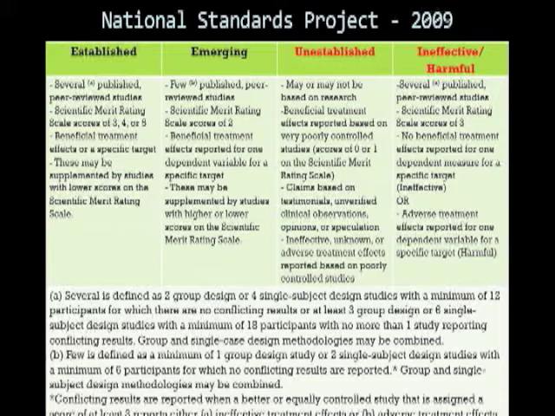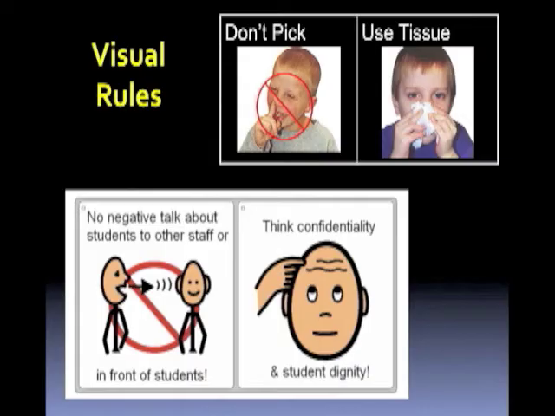It may be because there is research and it's proven that it is not effective, that it doesn't have any effect. So these could be based on a variety of different scenarios, but we're not going to go into those today, but you can look at the list if you want to read the National Standards Project yourself.